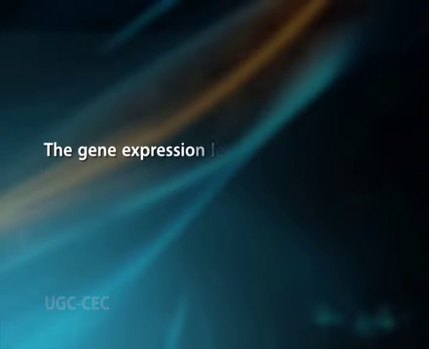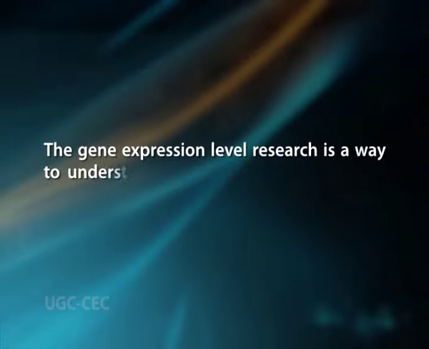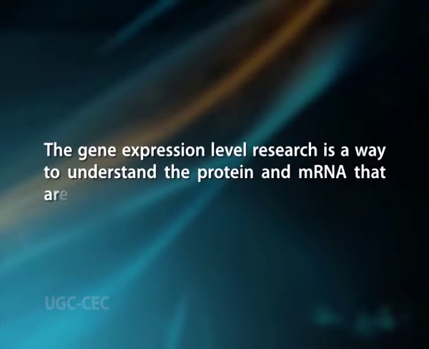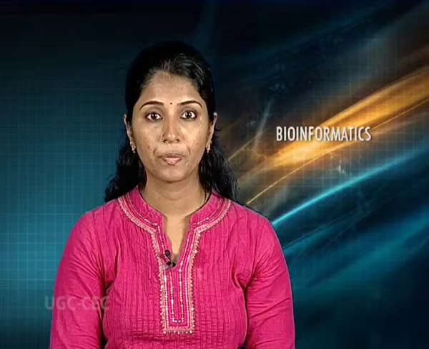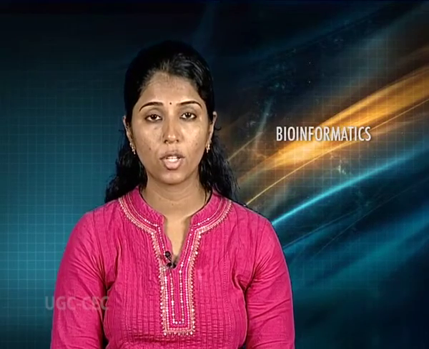Gene expression research is a way to understand the protein and mRNA that are produced by the cell. The main application of this research is in the area of cancer. As we all know, the reason and cure of cancer is still unknown. Bioinformatics algorithms can find the shared sequences between different genes or proteins. The research on gene expression is trying to solve these questions.